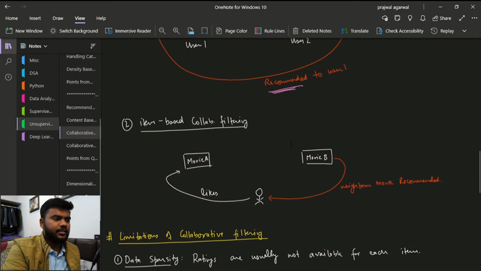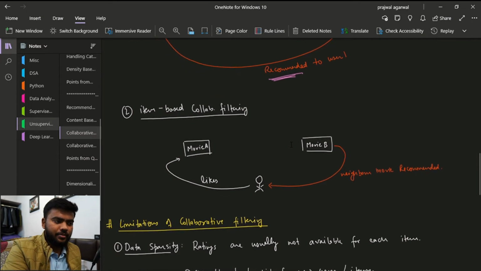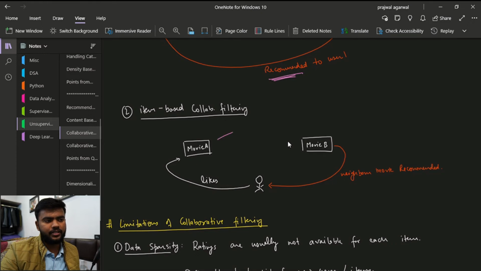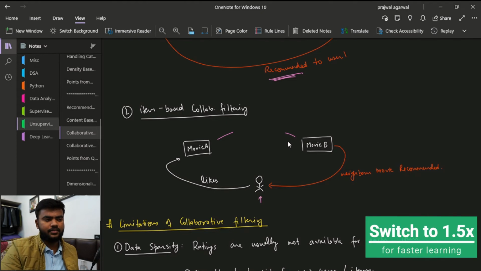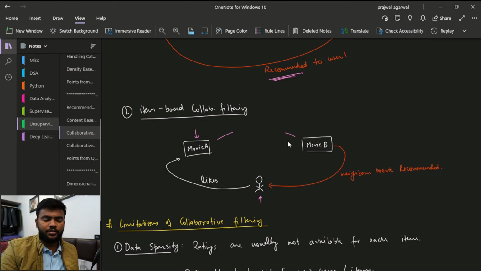If we are talking about item based collaborative filtering, we have two movies which are neighbors of each other. Then if we have a user who liked movie A and now wants to watch another movie, the system is going to show that person the movie which is the neighbor of the movie that they have already liked.